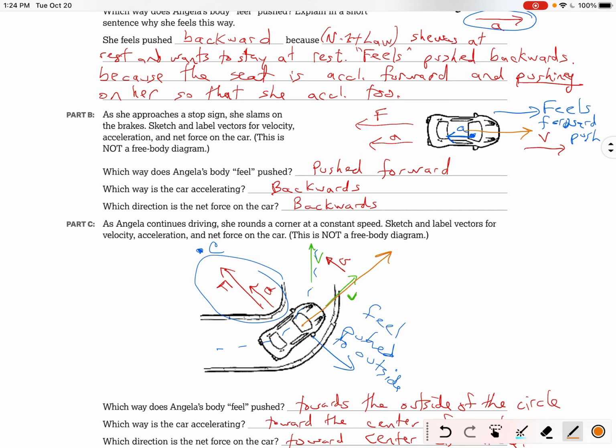So because of this, we feel the forces acting on us to get us to change our velocity, whether it be from zero or from some velocity where we're moving, or simply a change in the direction of that velocity. In all cases, we feel the force, and it feels like we're being pushed in the opposite direction to which the force is applied.